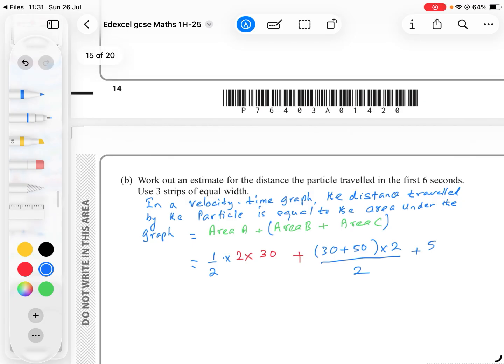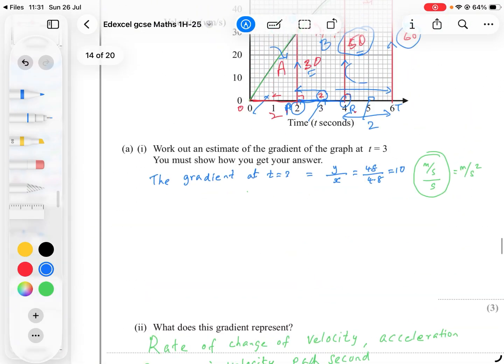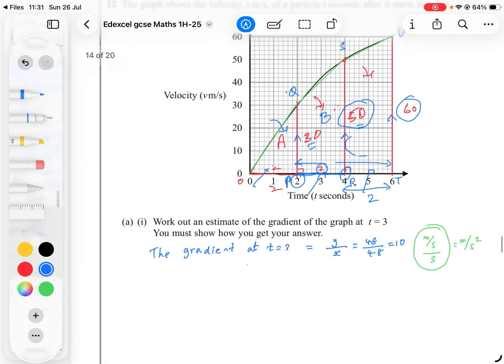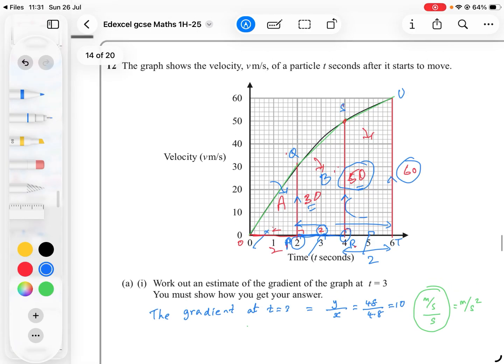So 50 plus 60, divided by 2, times 2. This one is 60, up to here 60.